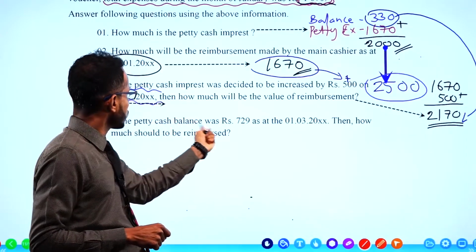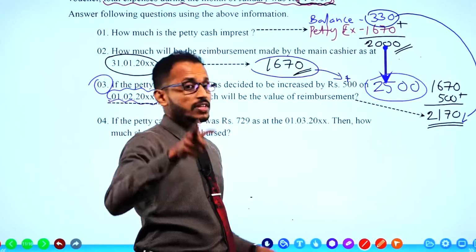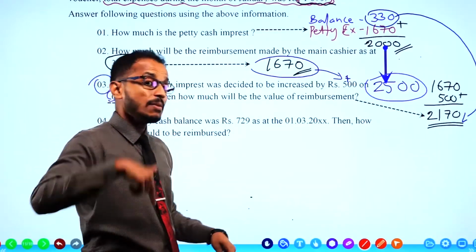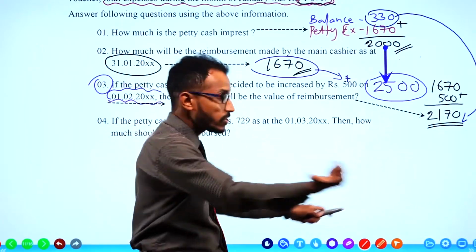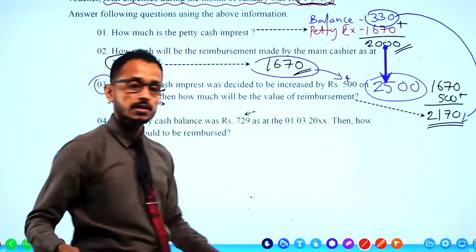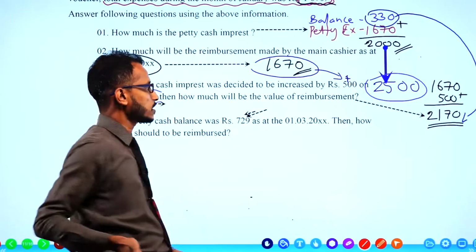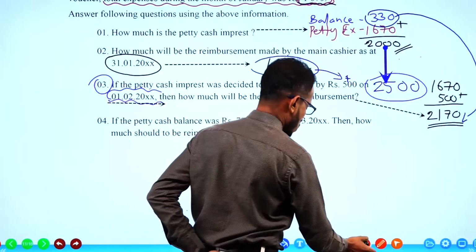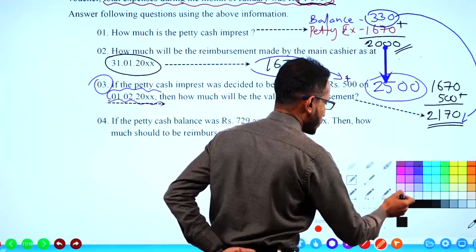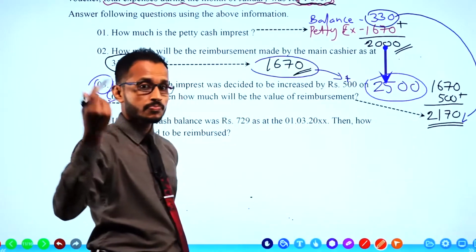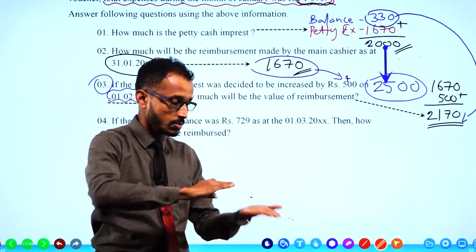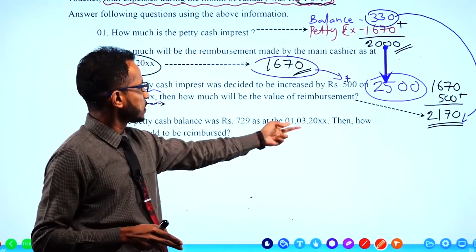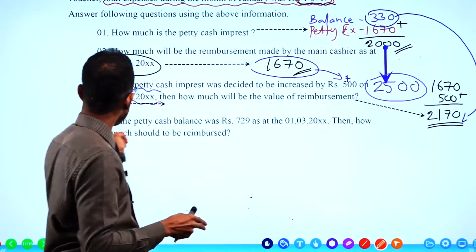If the petty cash balance was 729, out of this 2,500, some amount has been spent during the month of February, and at March there is a balance of 729. That is the balance which is coming from last month. Last month, after all the petty cash expenses are done, 729 is left as at 1st March. Then how much should be reimbursed?